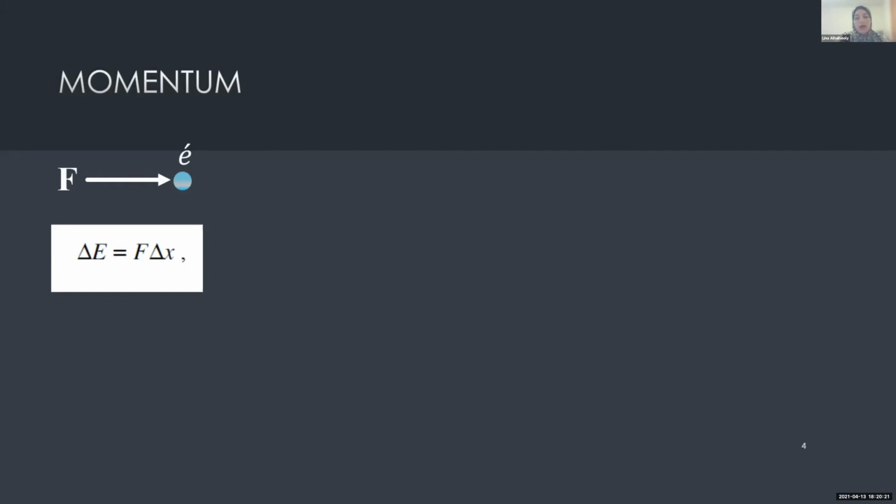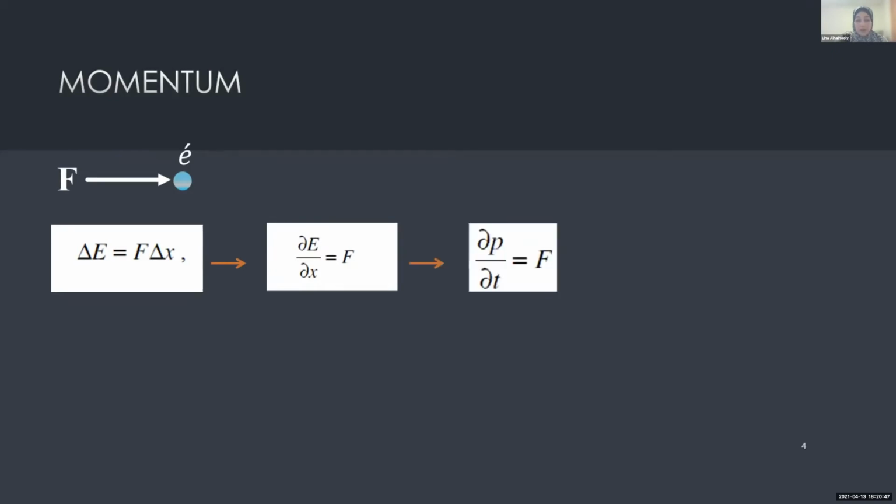If the electron is influenced by a force in the system, we can present the energy gained by that electron as the force times the displacement. We can just rearrange the variables and get this.